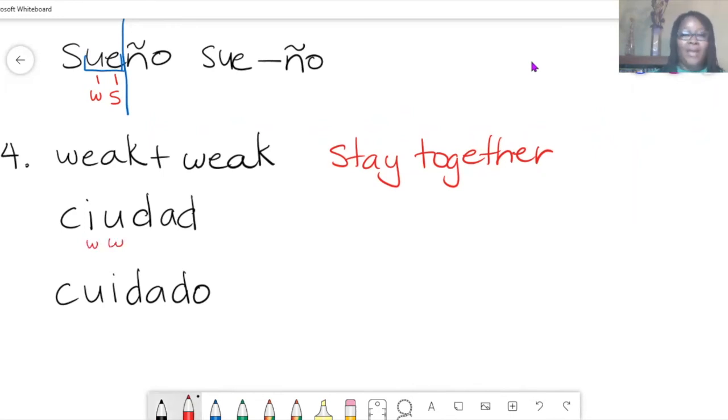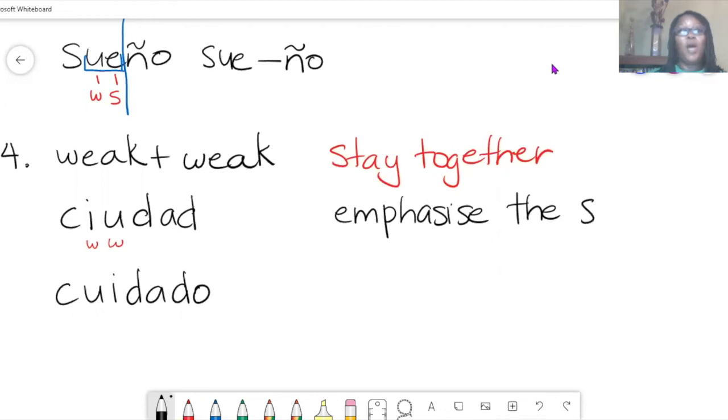Now what's going to happen is, yes, they're both weak, but somebody has to make a sound, right? You have to hear someone. And so what you're going to find happening is this. The stress or the emphasis is going to be on the second vowel.